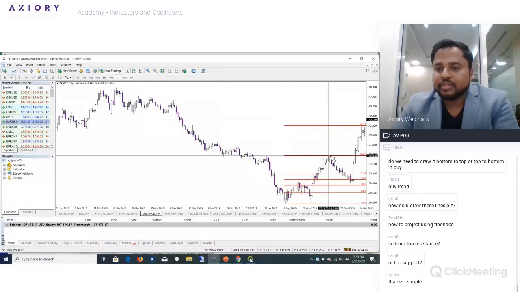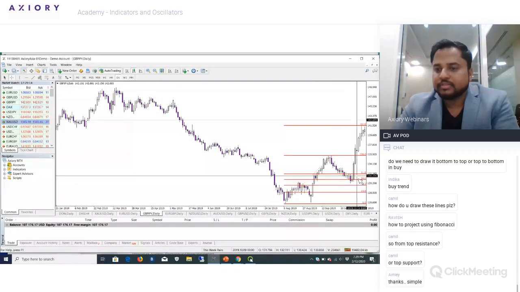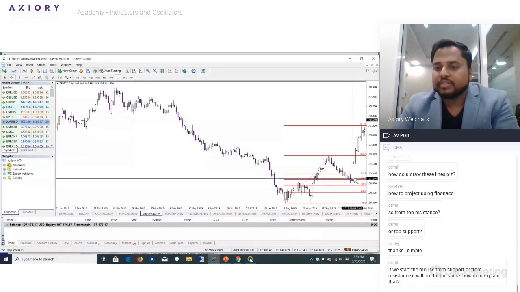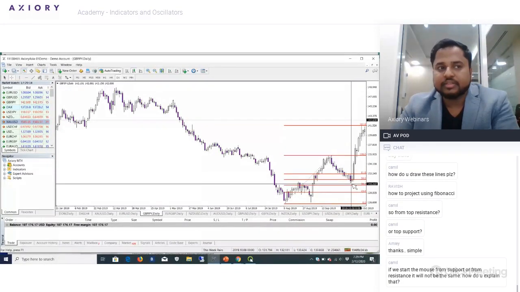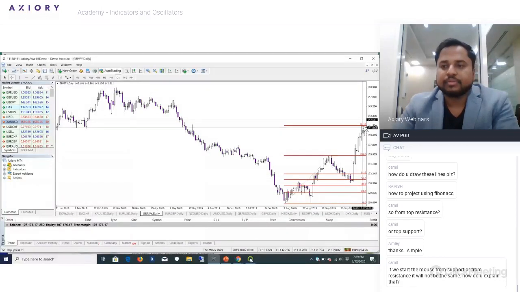If you draw from here to here, 100 to 0, the market has pulled back to the 50 level. There we got an inside bar. From there, the price nicely went up. I actually mentioned this opportunity in our weekly updates that particular week.